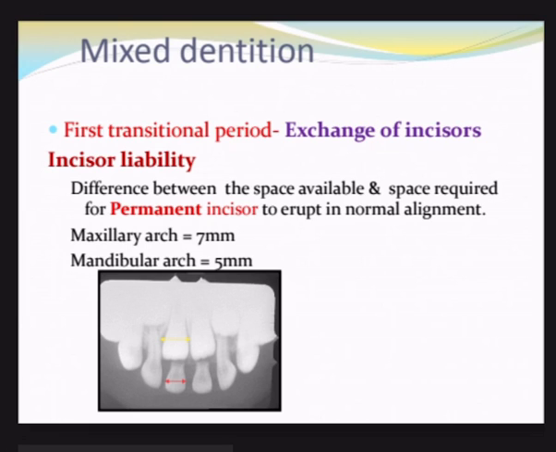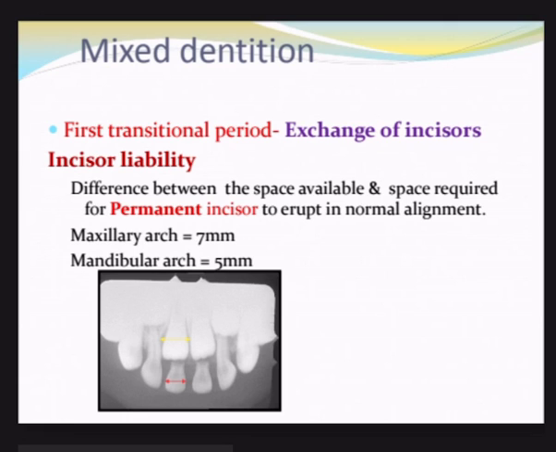Finally, there is something called interincisal angulation, or incisor labiality. If you look at the child, there will not be much overjet. Both teeth will be almost in the same line. Even though the maxillary incisor will be slightly overlapping the mandibular incisors, it will be at a very straight angle.